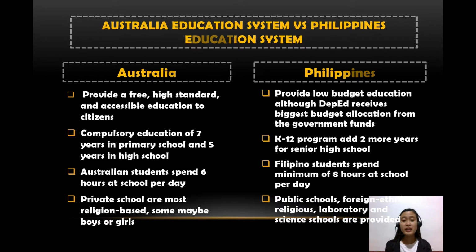Philippines provides a low-budget education, although DepEd receives the biggest budget allocation from the government funds. The K-12 program adds 2 more years for senior high school. Filipino students spend a minimum of 8 hours at school per day. Public schools, foreign, ethnic, religious, laboratory, and science high schools are provided.